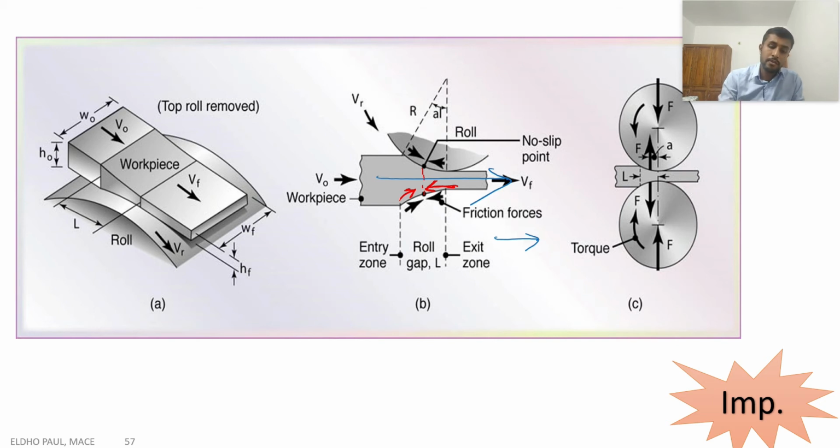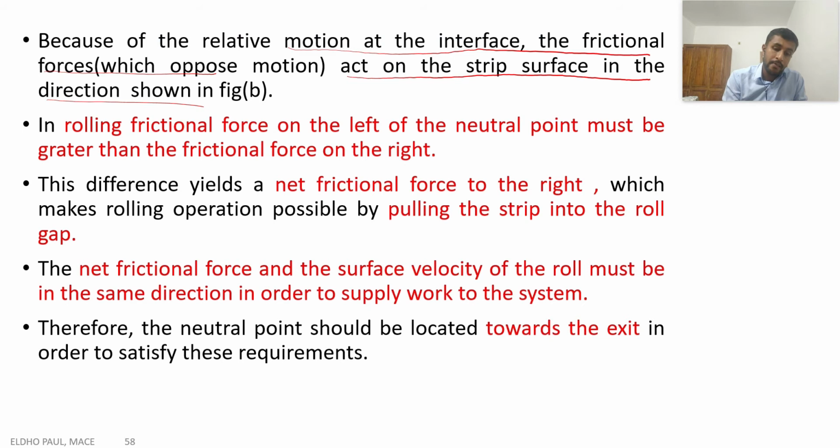The net force should be in this right direction, towards the exit. This is only possible when the friction force on the left of the neutral point is greater than that on the right. Then only is it possible to move the workpiece in the forward direction.